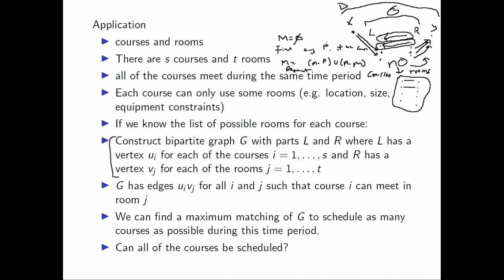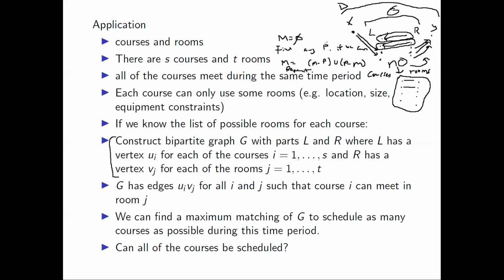Now we're going to find a faster way to tell if a bipartite graph has a matching in which all the vertices on the left are in some edges in the matching. We're going to find a pretty simple criterion, so we won't need to run this algorithm to answer the question. We'll just be able to check this criterion.